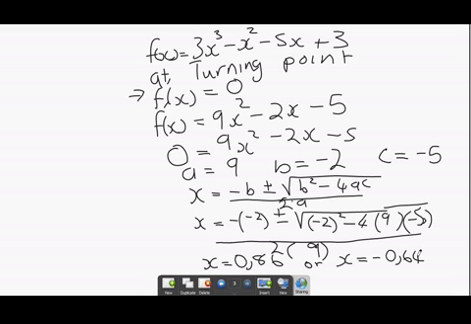So finding the y values, remember, we go back to the original equation. f of x is equal to 3x cubed minus x squared minus 5x plus 3.